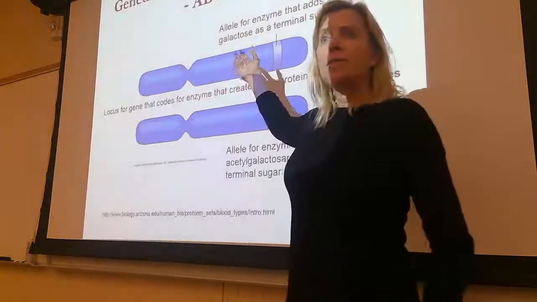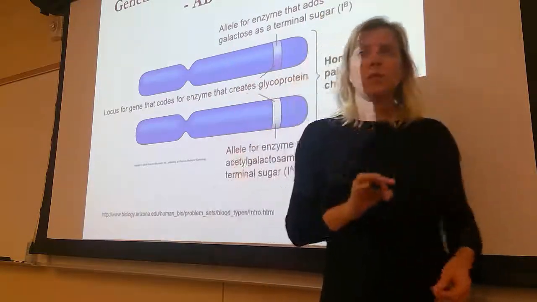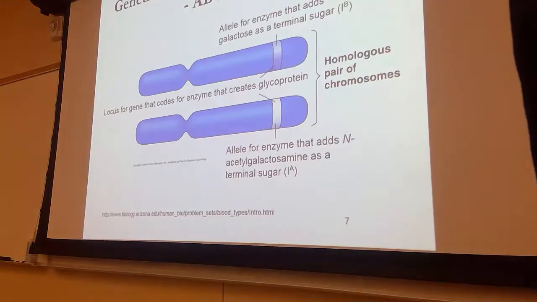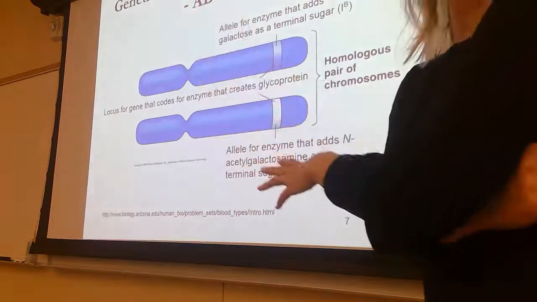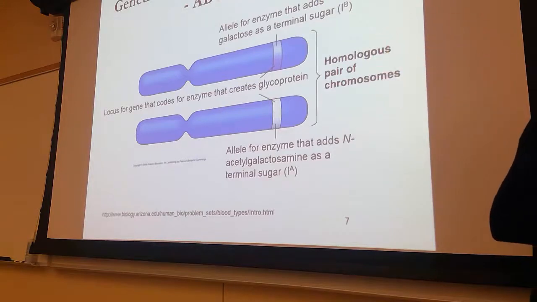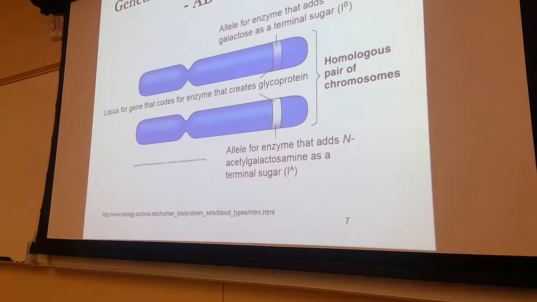They have the enzyme that will put on N-acetylgalactosamine. They also have on the other chromosome the enzyme that will put on galactose. And that means the phenotype we will see in this person is that they are blood type AB. Both alleles are expressed. Both are used. And that makes for messier genetics. So the genotypes, right?